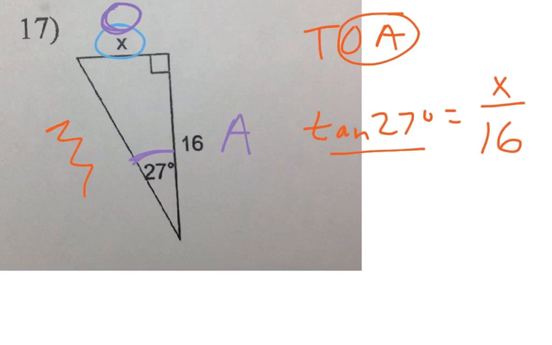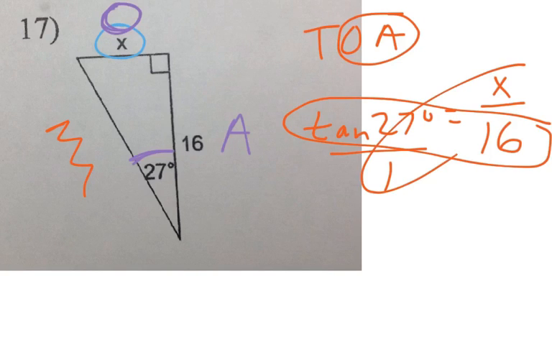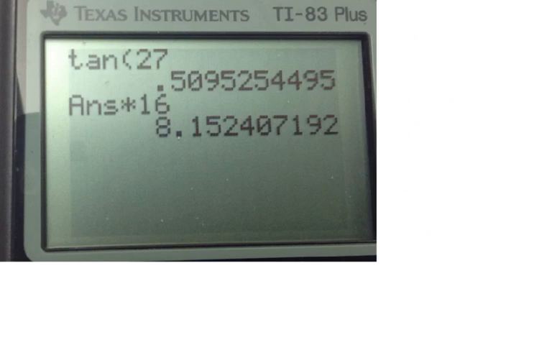So as you can see here, guys, I'll go ahead and put this over 1. But when we cross multiply here, x is going to equal 16 times the tangent of 27, right? So let's see what we have here. Notice the tangent of 27 is 0.509.